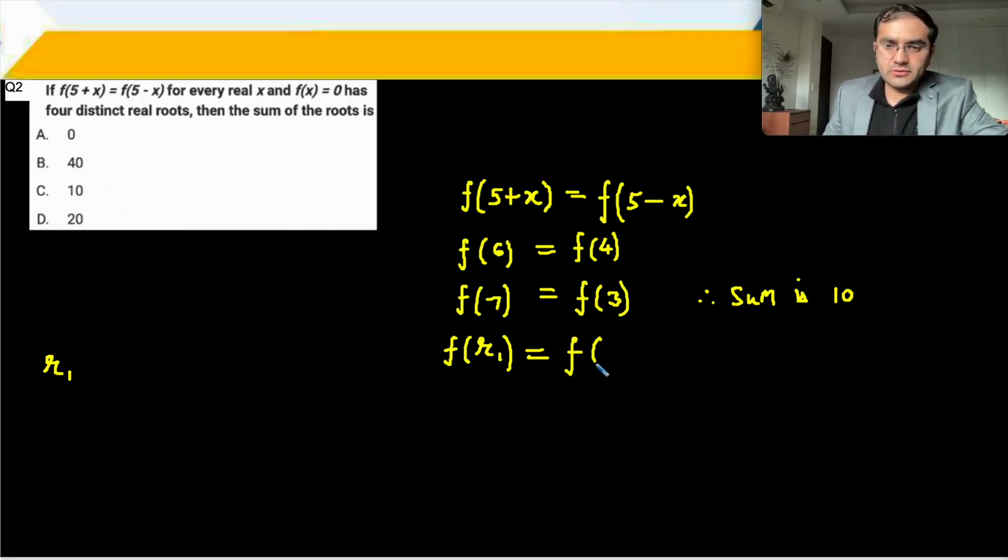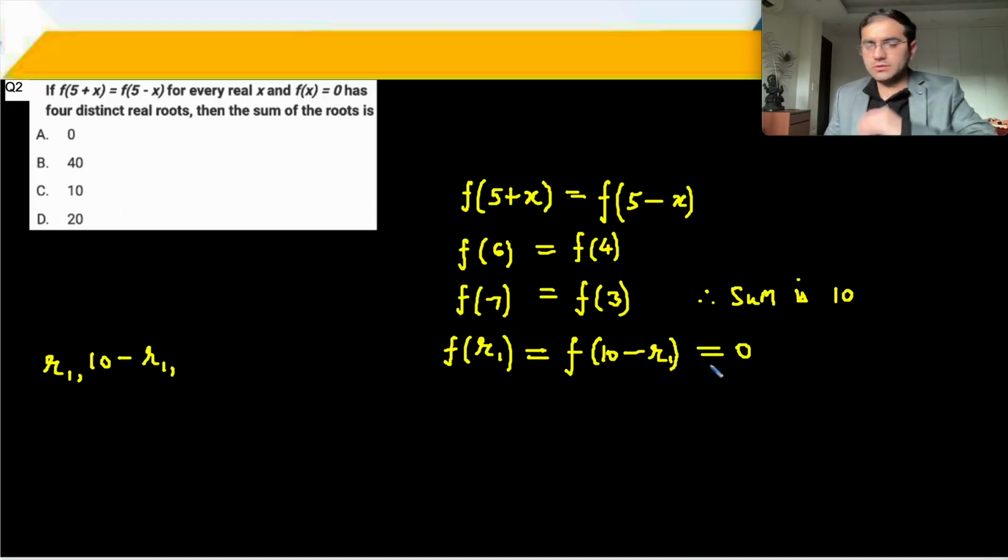So we get another root over here, 10 minus R1. So the other root is 10 minus R1, for which the value is 0.